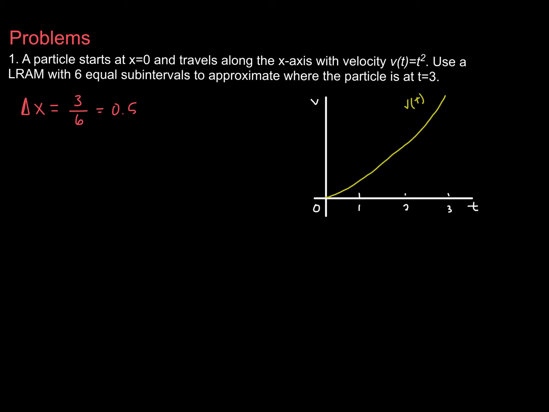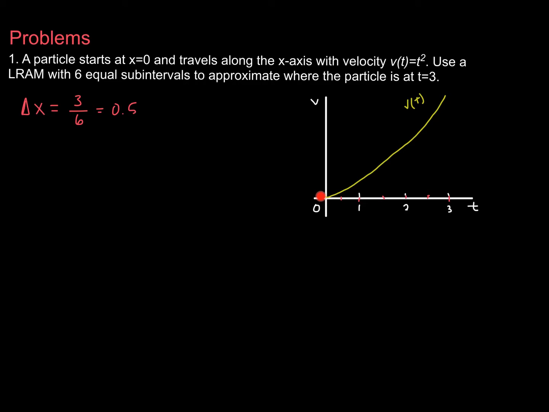And I can go ahead and draw this out if I want to. I can draw out the rectangles, and I'll do that here just in case you want to make sure that you can see them. Remember, I'm using the left endpoint, so on my first subinterval, let me just mark these intervals here. So for my first interval, I'll be using the left endpoint.